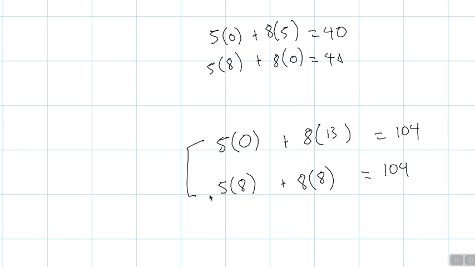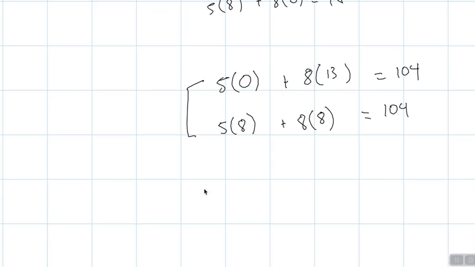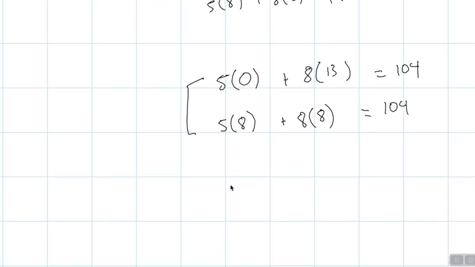And the reason why this works, this is minimized because it ensures that these two are equal and this is greater than or equal to that. It's minimized because let's say we wanted to do instead 5 times 0 plus 8 times 12.